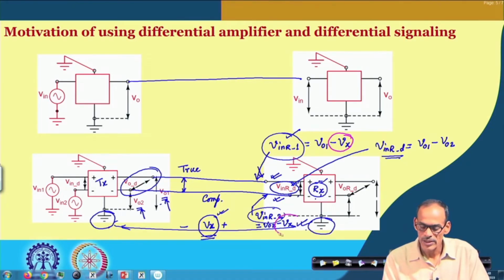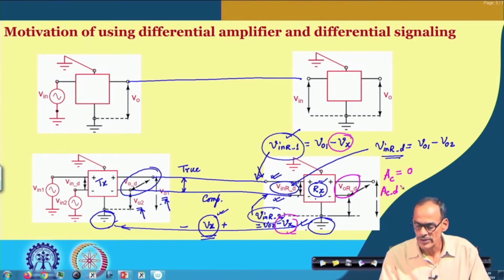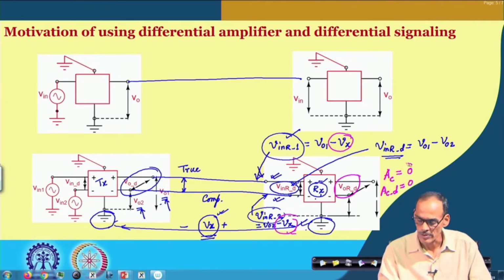Then only can we say that the output of the receiver is completely independent of this Vx, and that can be achieved by considering common mode gain Ac equal to 0, and also common mode to differential gain equal to 0. And then this differential part we can amplify by considering a good differential gain Ad.